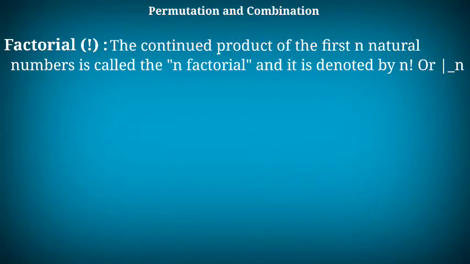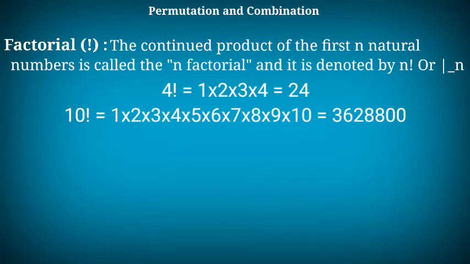For example, if I say 4 factorial, then it will be the product of the natural numbers starting from 1 up to 4. That is 1 into 2 into 3 into 4. Like that, if I say 10 factorial, the value will be the product of the first 10 natural numbers starting from 1, and then we go on multiplying the natural numbers up to 10.